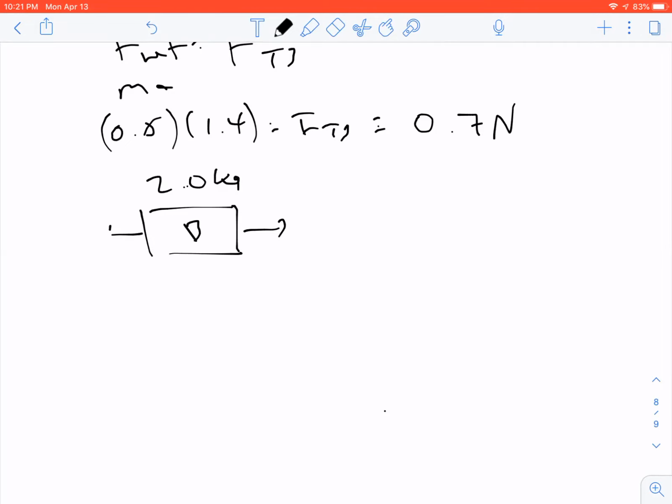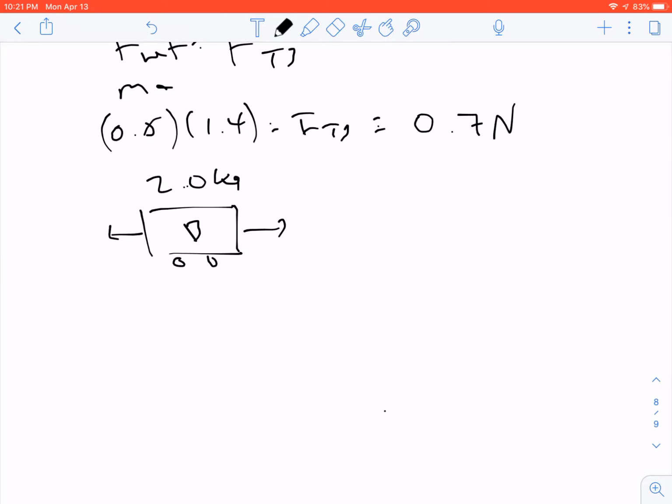It's got string 2 pulling it forward, and string 3 is pulling it back. Remember, FT3 was pulling cart C forward. Why is it pulling cart C forward? Because B is pulling on the other end of the string. So what is that string doing to B? Newton's third law. If B is pulling on the string, T3 is pulling B back.